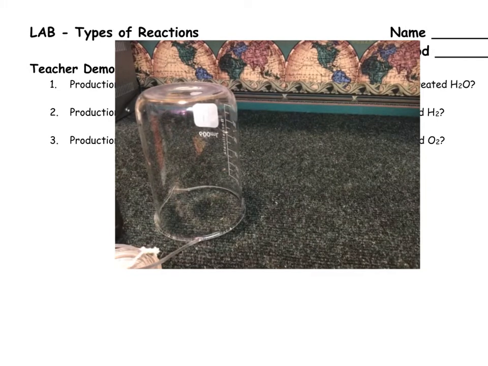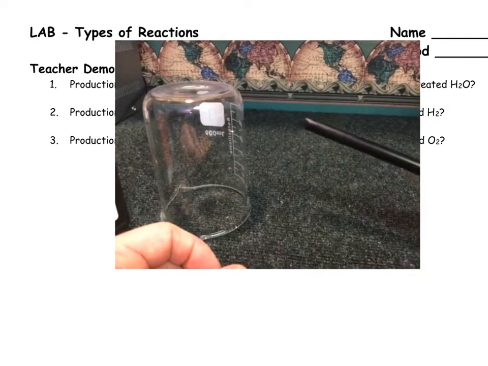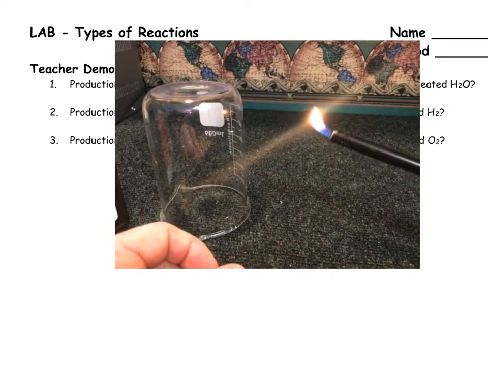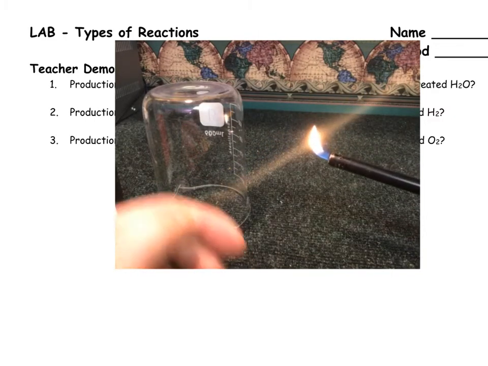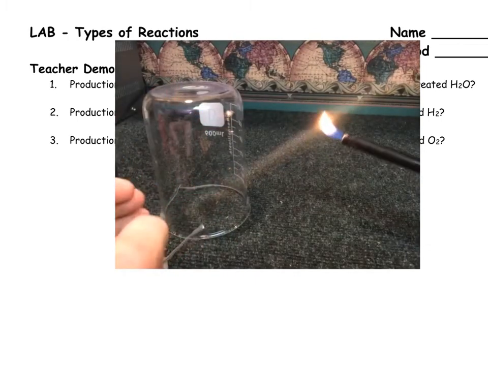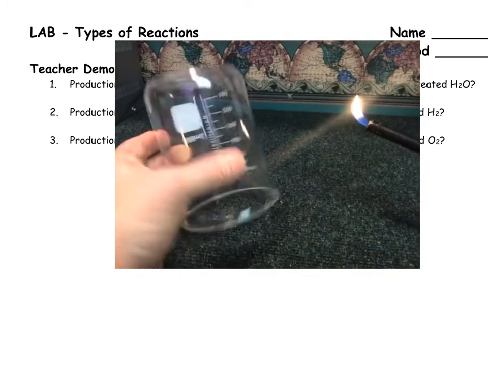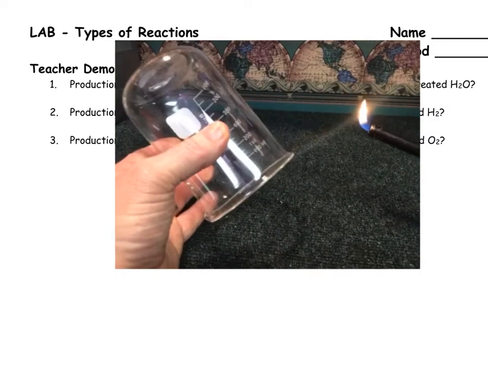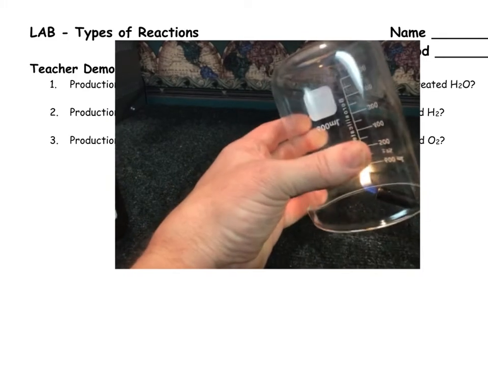Now, all combustion reactions, including this one with a little lighter, produce 2 things, carbon dioxide and water vapor. Now, both of those are invisible, so you really don't see anything except for the flame. All right, if we want to detect the production of water vapor, we could do this. We could take a somewhat cool beaker and we could put the flame inside.